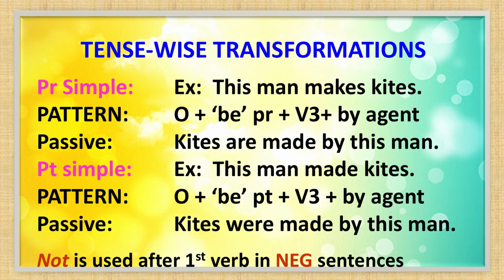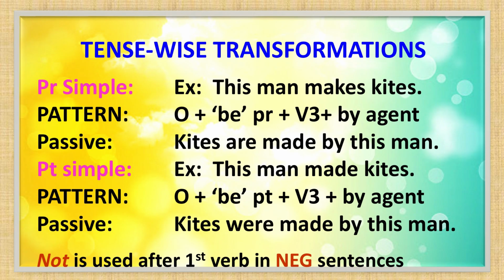Any sentence you can pick up, you can see what kind of tense it carries, whether it carries present tense form or past tense form. If it carries present tense, you have to take care of the present tense. If it carries past tense, you have to take care of the past tense forms.